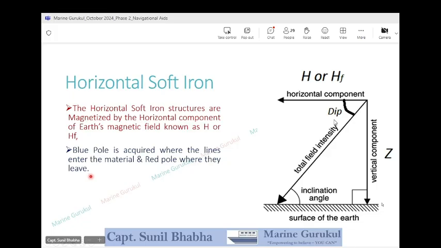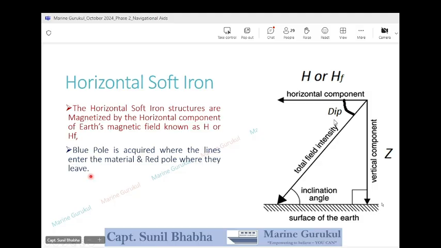Now we have seen that every magnet has its two poles, the blue and the red pole, and we have seen red pole is the one from where the lines of force come out, and blue pole is the one where the lines of force enter into the magnet. So the same thing applies here.